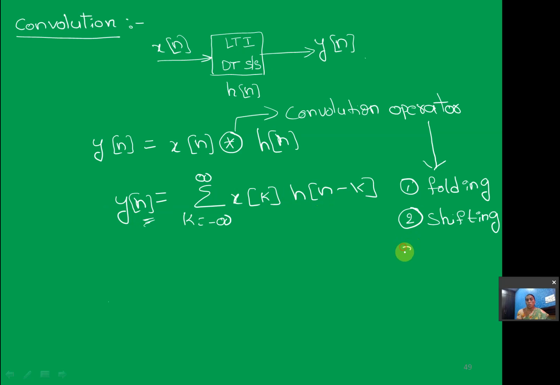So shifting operation is required. The next one, after getting this shifting, that means h of 1 minus k, h of 0 minus k, h of minus 1 minus k, and so on, we should multiply this shifted sequence with the input sequence. So we should use the multiplication operation.